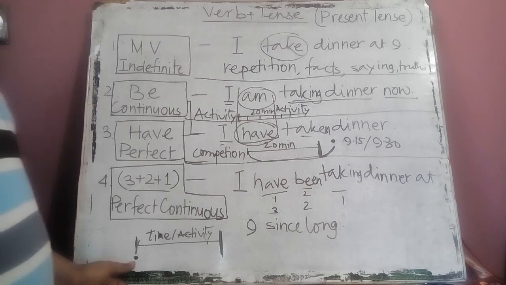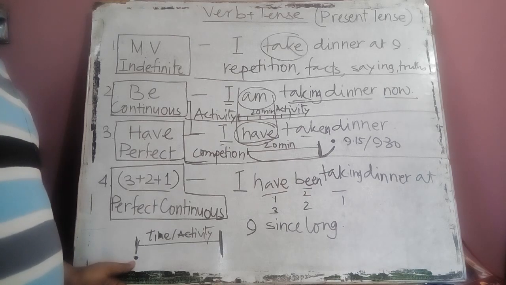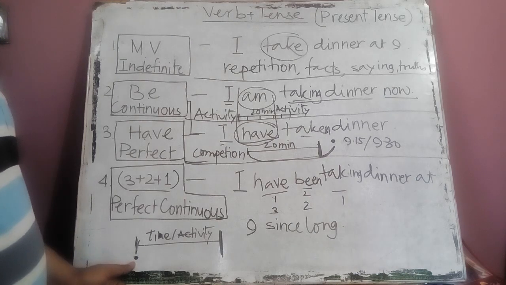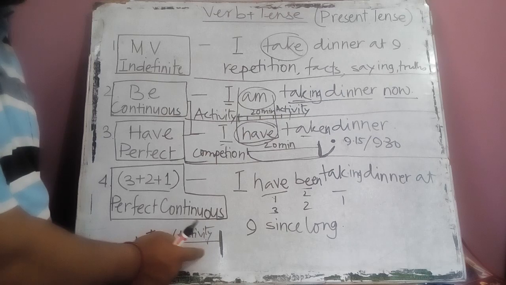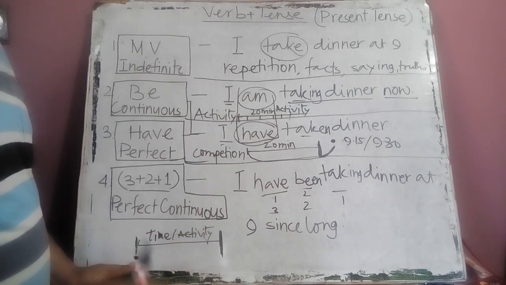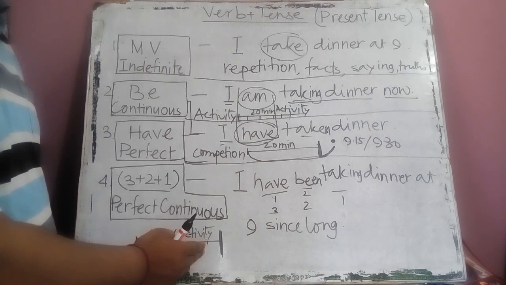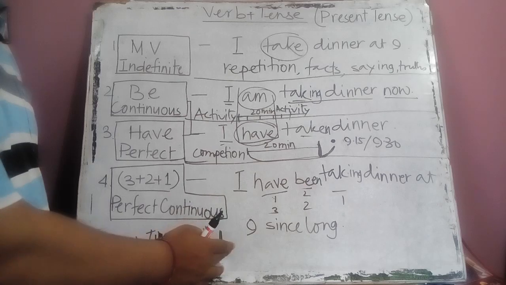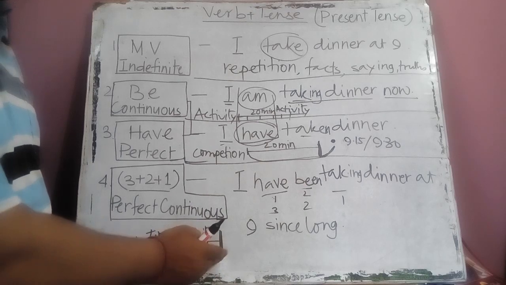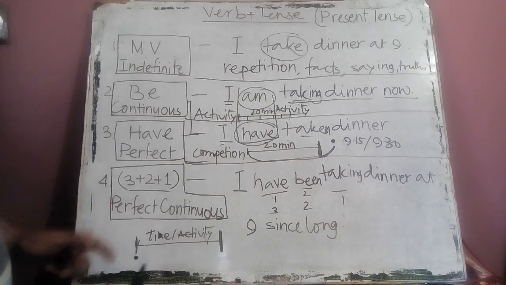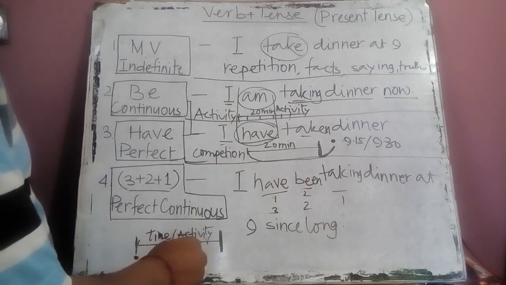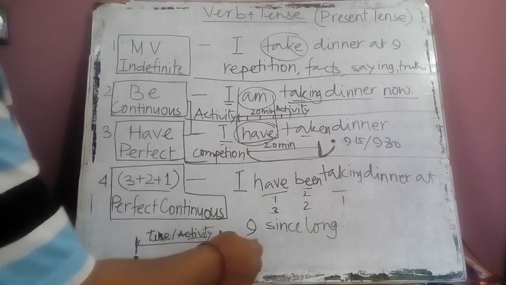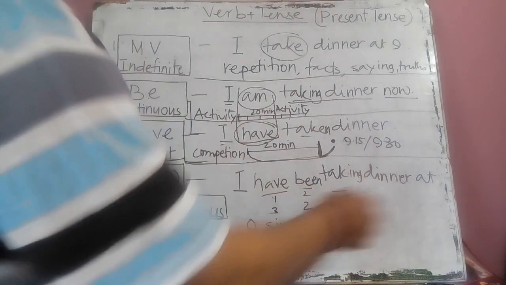You started it in the early days, say when you were 3 or 4, and since then you have been following this routine, and till your current age you have been doing the same, repeating the same, and it has not come to an end. We are not talking about its end, but it's going on. So time and what activity? This is the time when it started, and the activity is taking dinner.